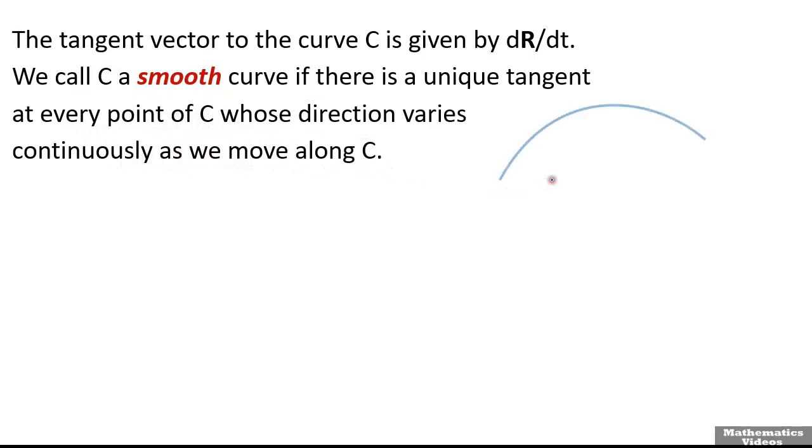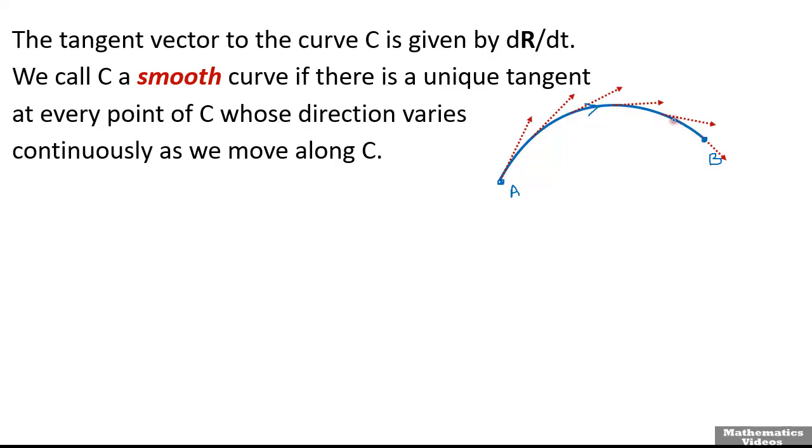For example, take this curve. Suppose that this curve is traced from left to right, which is its positive sense. The initial point is the point A, and the terminal point is the point B. Now, as we move along this curve from point A up to the point B, clearly the tangent vector varies its direction in a continuous fashion.